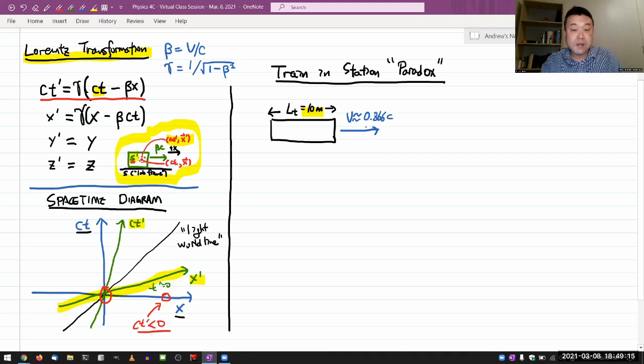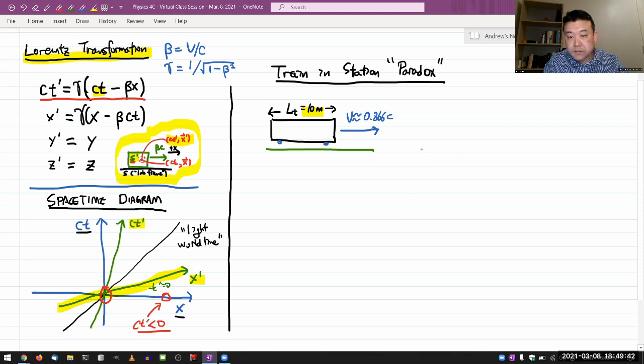I have a relativistic speed train that's moving at that speed, and it's approaching a train station. I want to see if this train will fit between two gates of that train station. So this train is coming towards the train station.